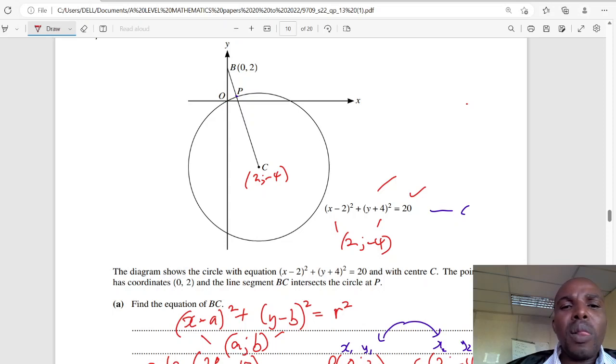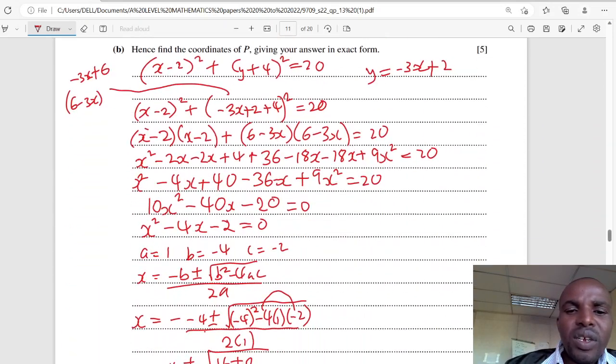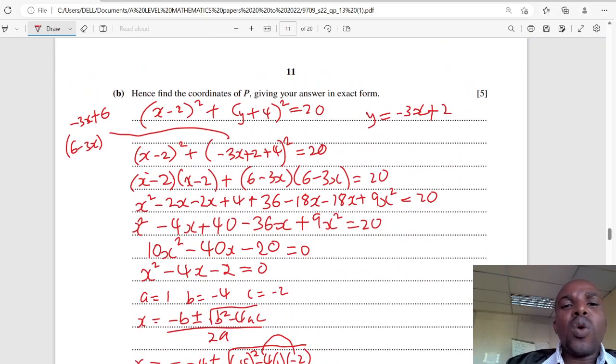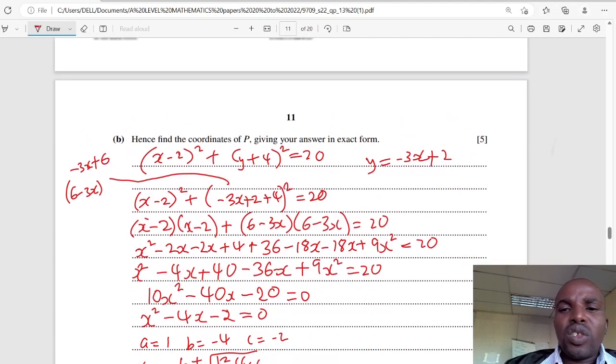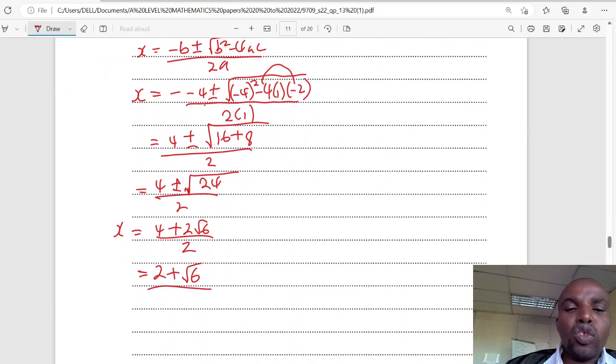Then the other item, we want to find here the coordinates of P, giving your answer in exact form. So you have to find the value of y. So for y, you can take this part, where the line meets the curve. So it will be minus 3x plus 2.